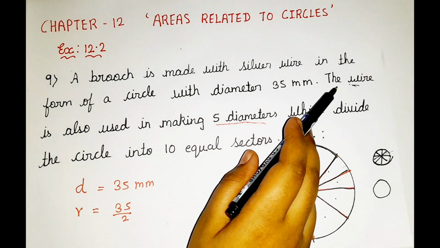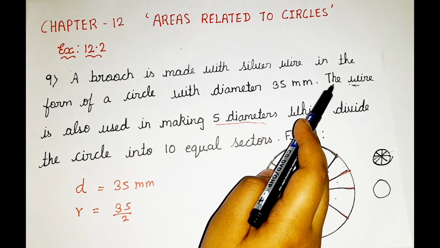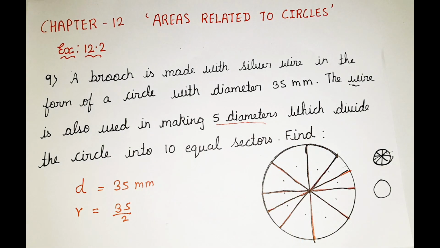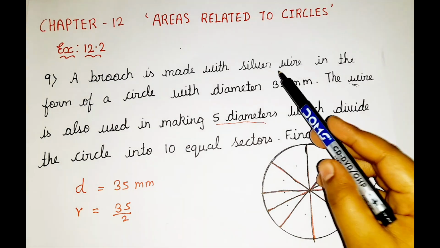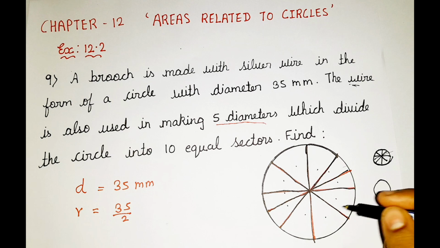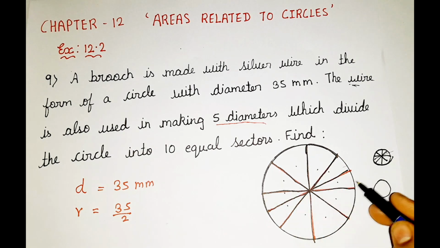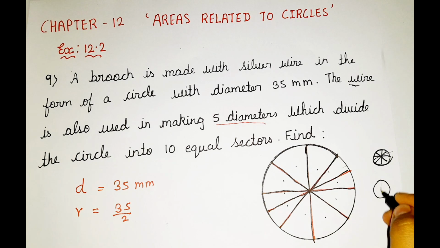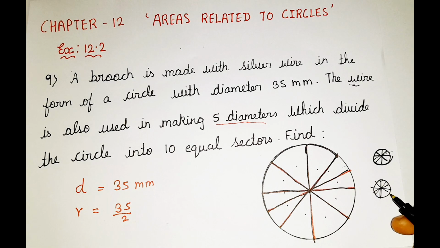The wire is also used in making 5 diameters: 1 2 3 4 5. These 5 lines are made up of the silver wire.